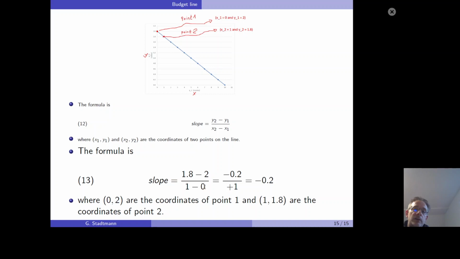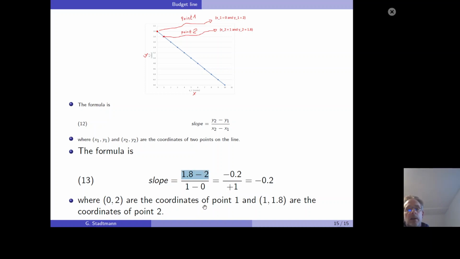And then in the denominator, we have the change in the x variable. This is x2, which we find here, and this is x1, which we find here. So we also have the relationship here.